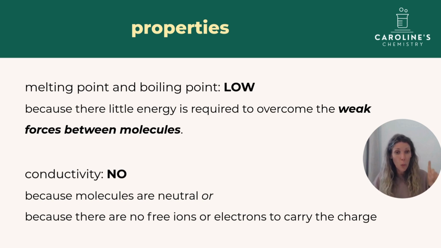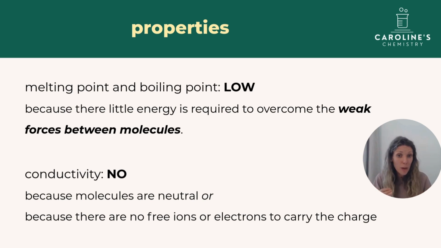So there is one version of that explanation that you can give in an exam answer. Molecules are neutral. If you want a more general answer that would apply to perhaps other substances that do not conduct electricity, then you could say, because there are no free ions or electrons to carry the charge. But if you are going to use that explanation, it must be in its full form like I have given you here.